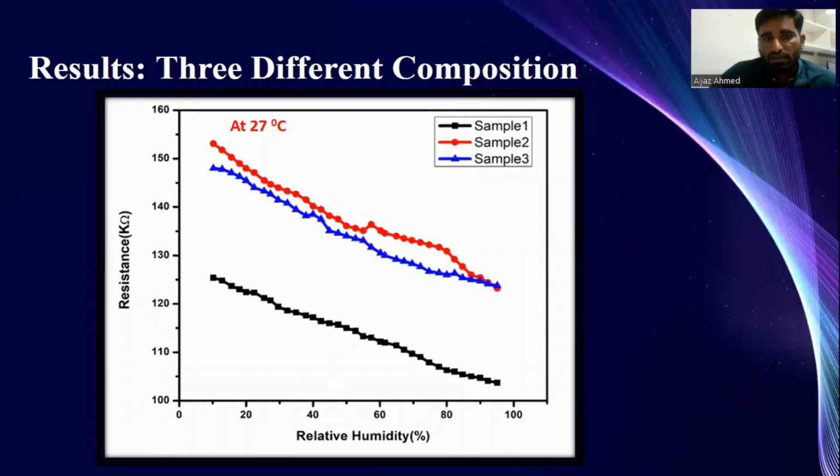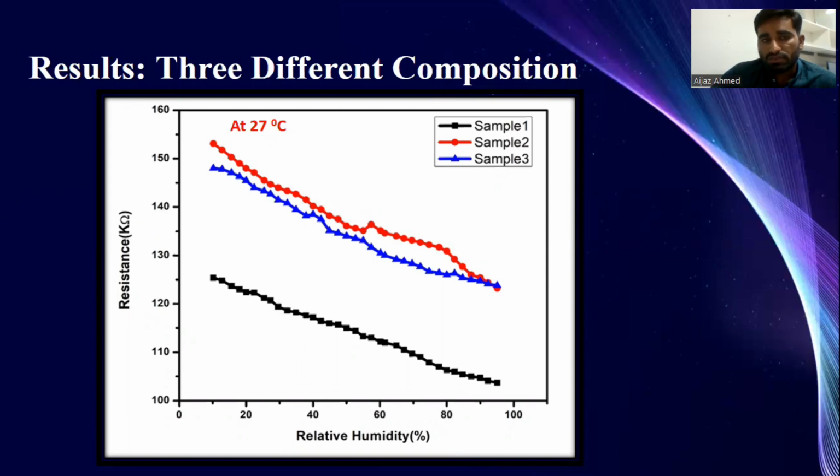So this is the graph showing the different samples which were discussed earlier. First one is the sample 2 graph in red color, second is the blue showing sample 3, and the blackish one is sample 1.